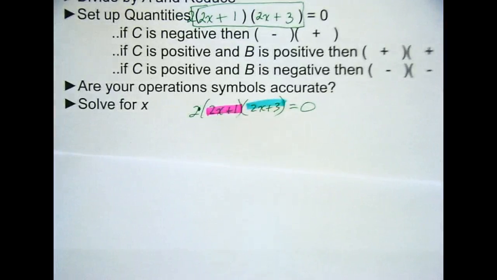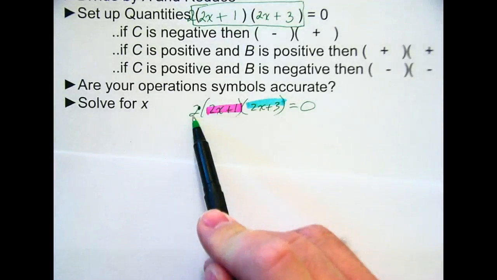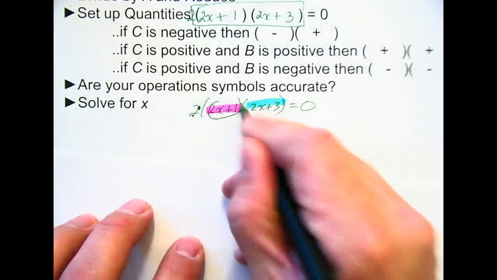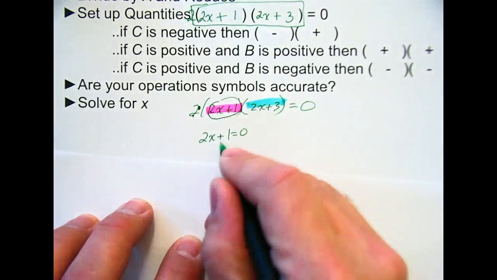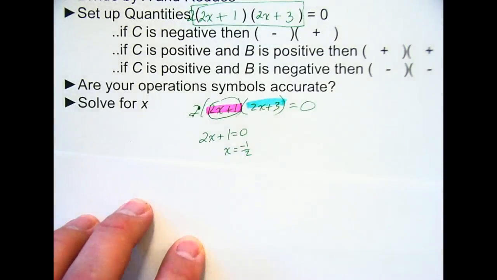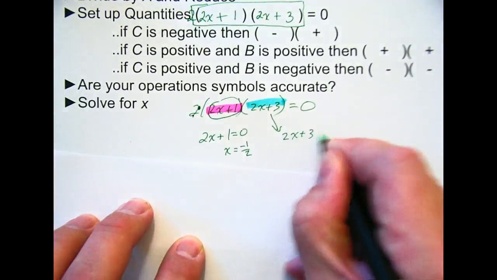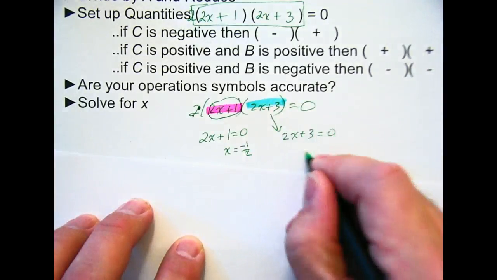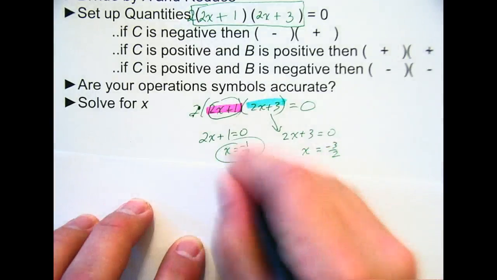I know for a fact 2 isn't 0, right? But I do know that if this was 0, you guys are pretty good at this. You've been doing it a lot this year. We subtract 1, divide by 2, x would be negative 1/2. And if this part was 0, I would subtract 3 and divide by 2, x would be negative 3/2. Those are my solutions right there.